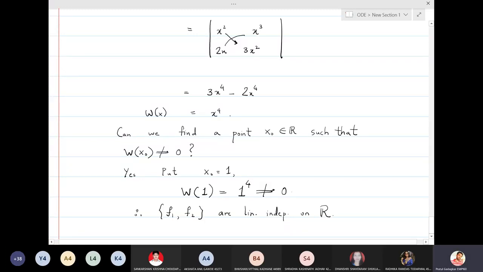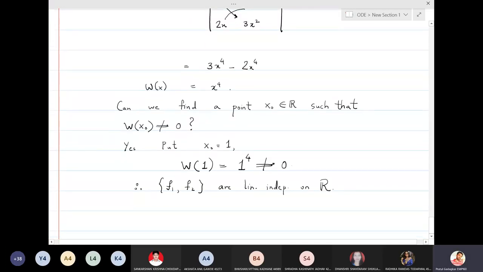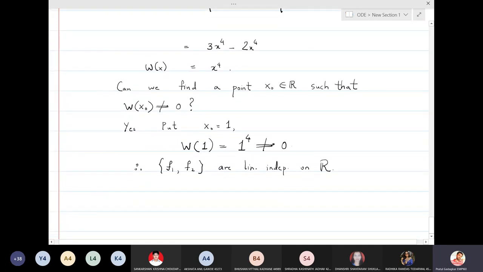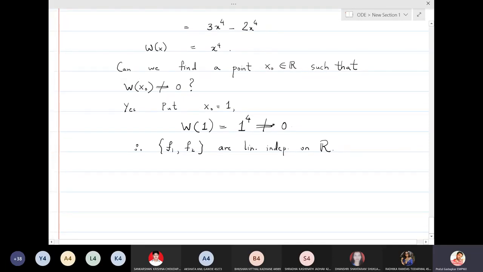Now I've shown you by an example how to check whether two functions are linearly independent. So let us write that definition of linearly independent functions.